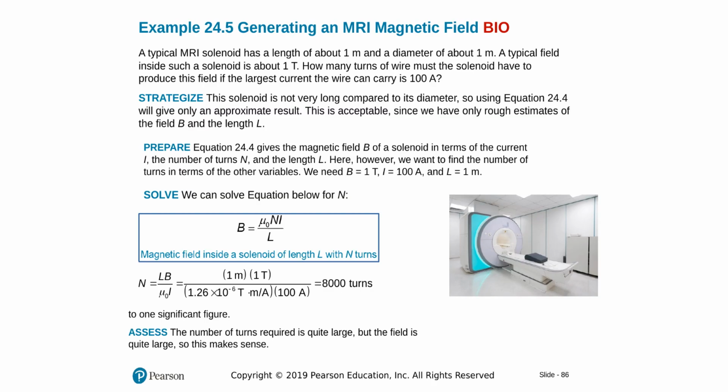This one is a kind of a plug and chug question. A typical MRI solenoid has a length of 1 meter and a diameter of 1 meter. We don't really see the length here, but that would be something here. Diameter doesn't matter, but diameter would be something like that. Typical field inside such a solenoid is 1 Tesla, so we know B, 1 Tesla.